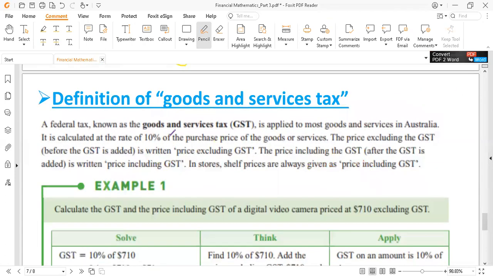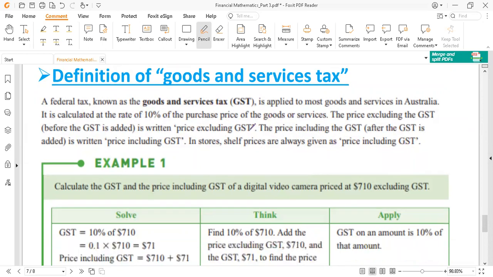Finally, the last idea that we want to review is about goods and services tax. It is the federal tax known as the goods and services tax. In Australia, it is calculated at the rate of 10% of the purchase price of the goods or services, and it is called GST.